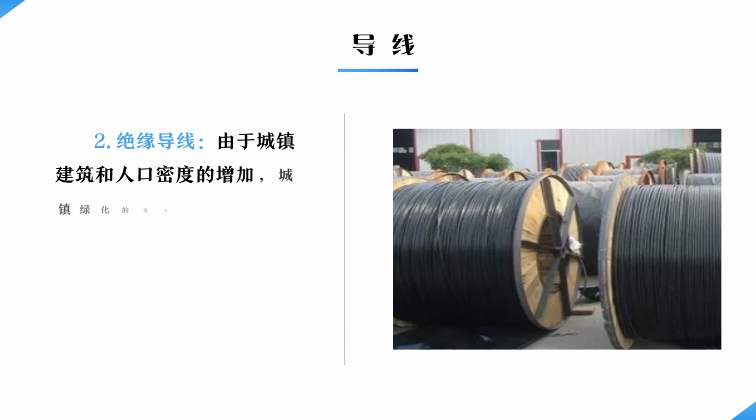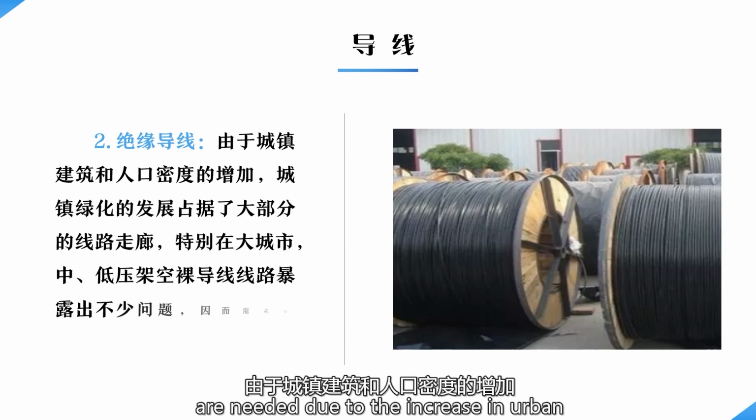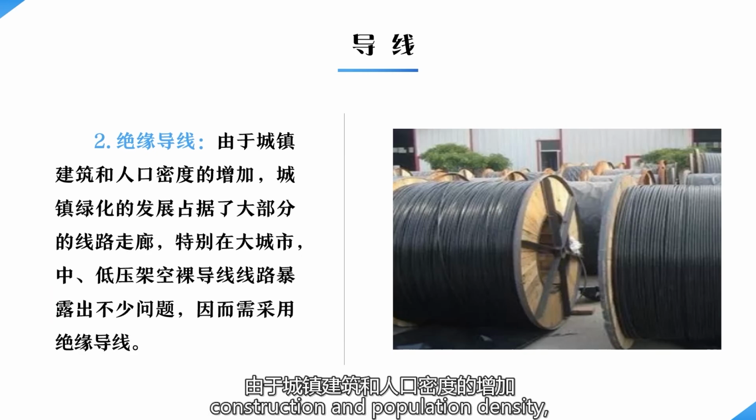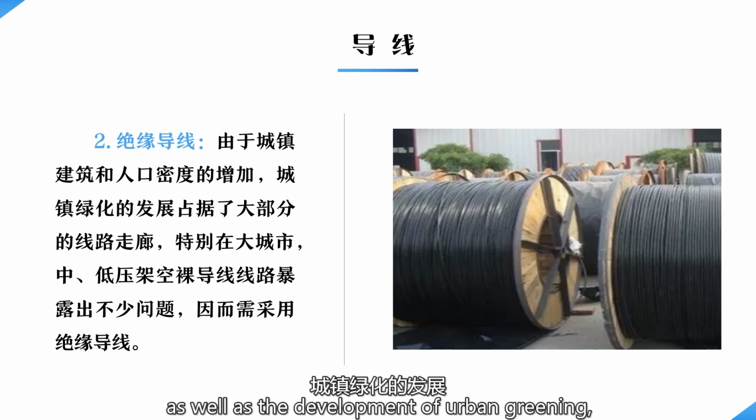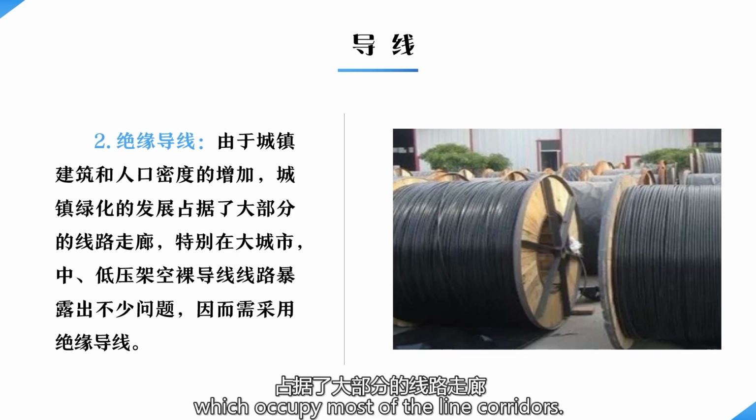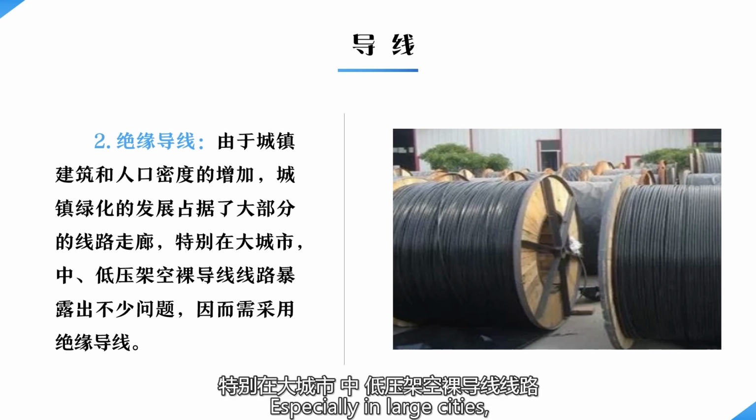Insulated conductors are needed due to the increase in urban construction and population density, as well as the development of urban greening, which occupied most of the line corridors, especially in large cities.